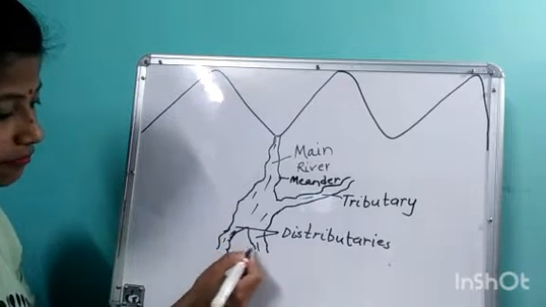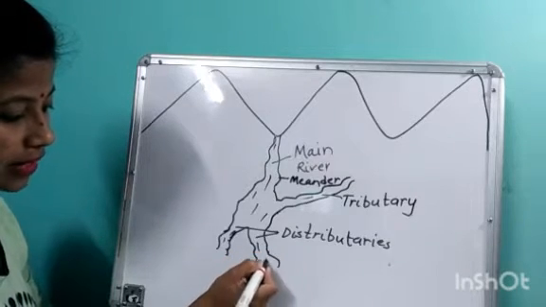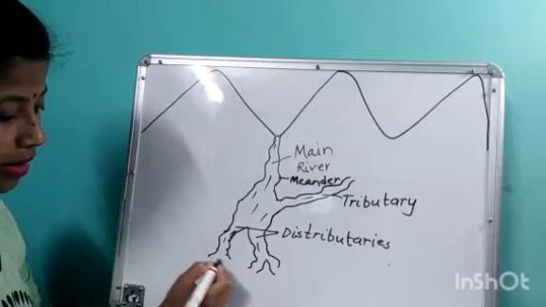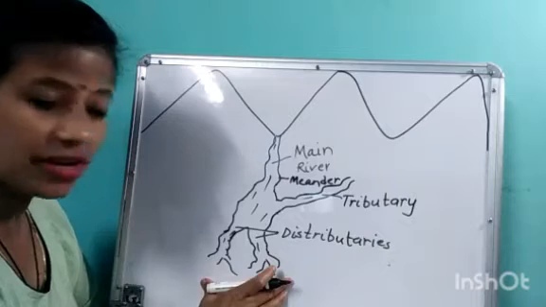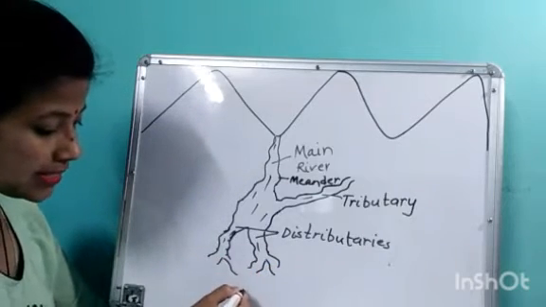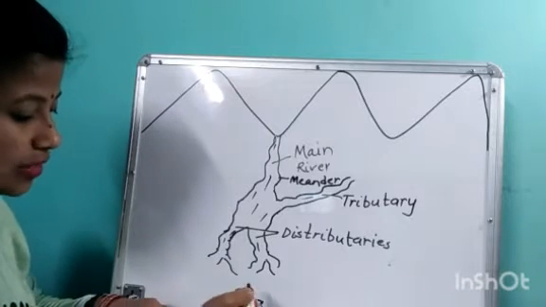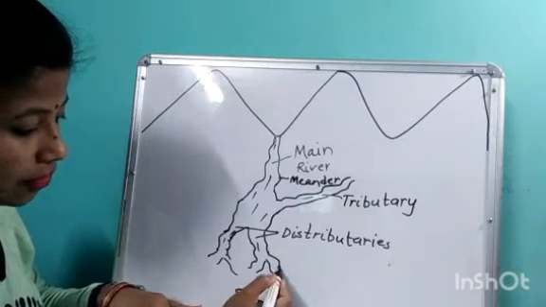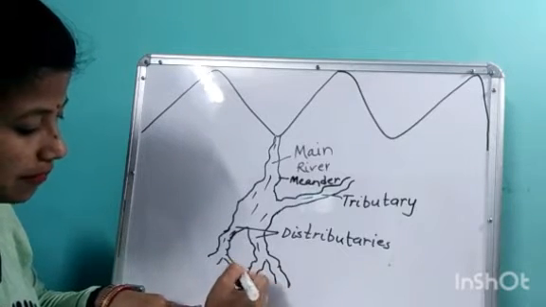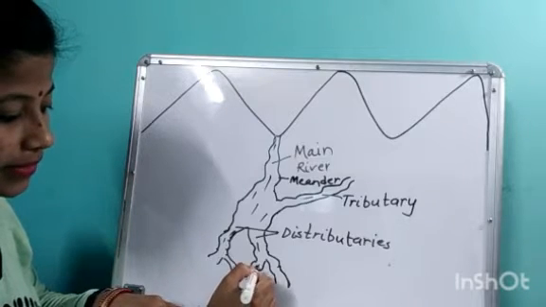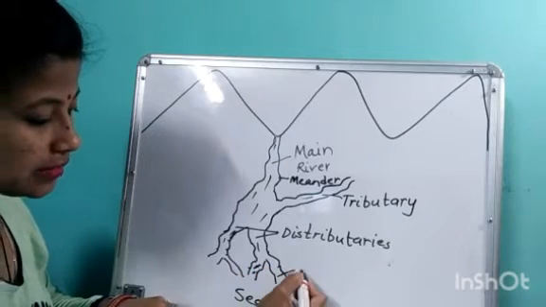Where does this river finally go? Rivers are drained finally into the sea. But before falling into it, this lower course of water, can you see over here? This is called the estuary.